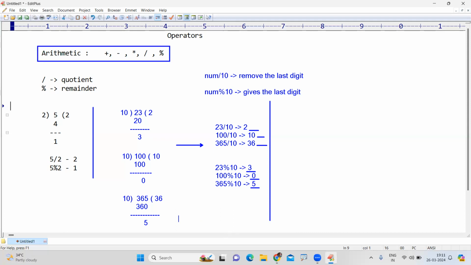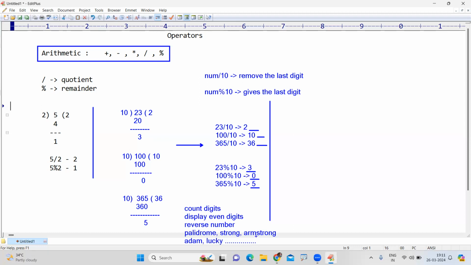Sir, what are the while loop programs? Count digits, right? Display even digits, reverse number, palindrome number, strong number, Armstrong number, Adam number, lucky number.